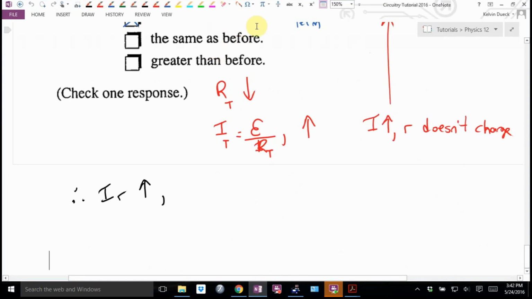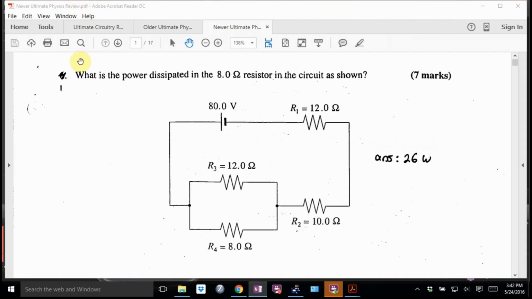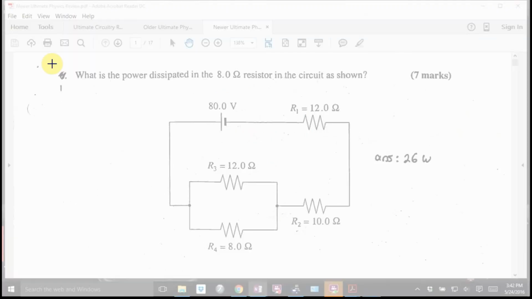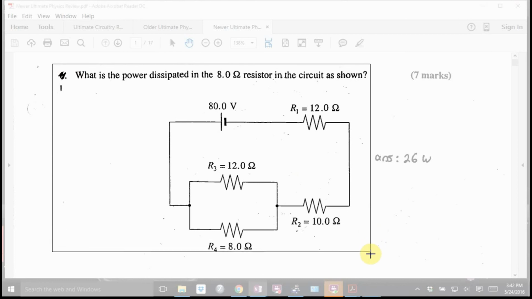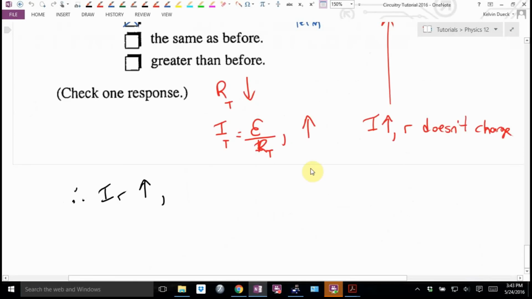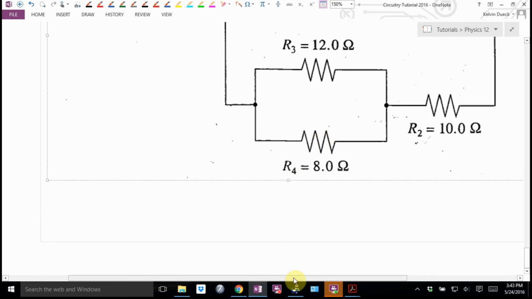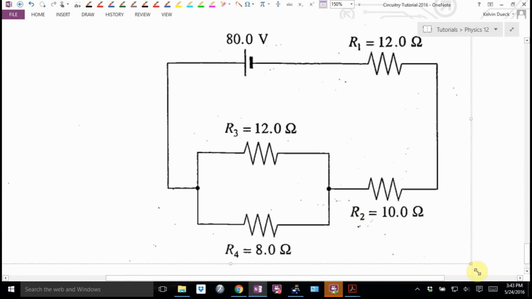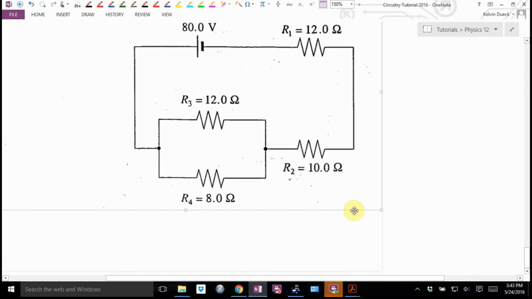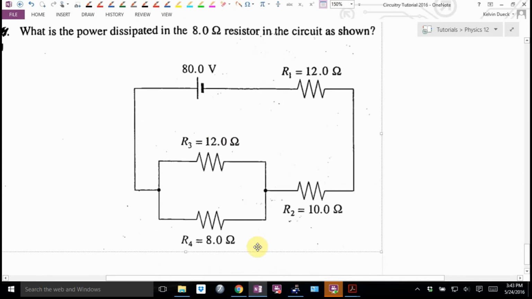Let's make it a wee bit tougher. So I'm going to go like this. But just for fun, let's add an internal resistance. So I'm going to make this a little bit smaller. Okay, what's the power?